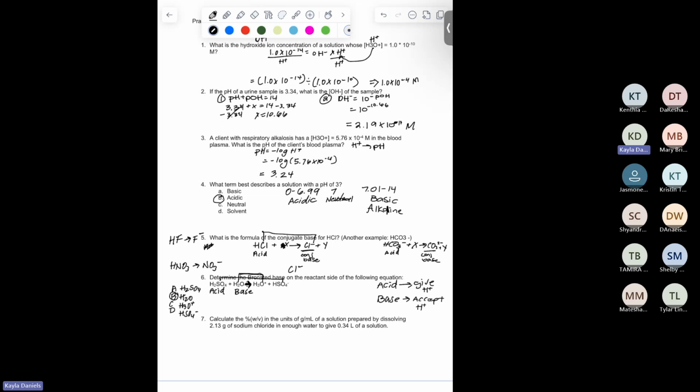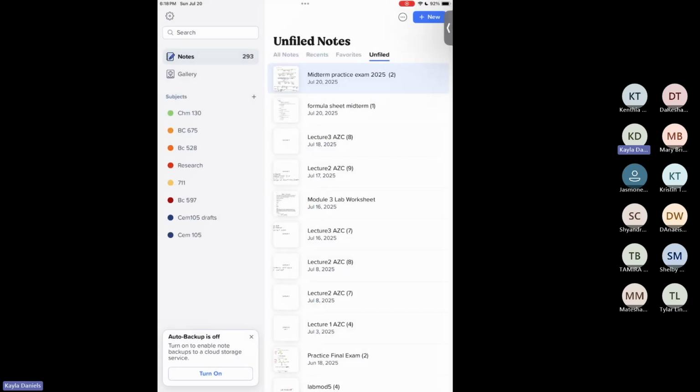Scroll up. Okay. So calculate the weight volume percent, in units of grams per mil, of a solution prepared by dissolving 2.13 grams of sodium chloride in enough water to give 0.34 liters. Okay. So percent weight volume. I honestly can't remember. I'm sure this is on the reference sheet.